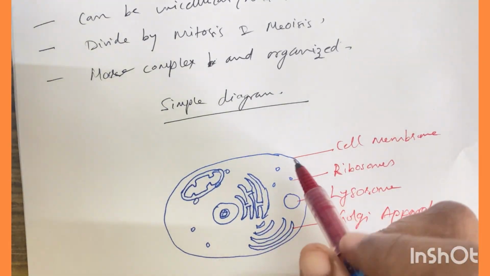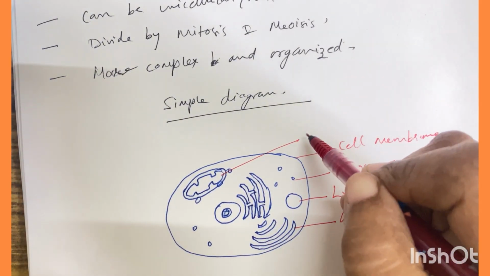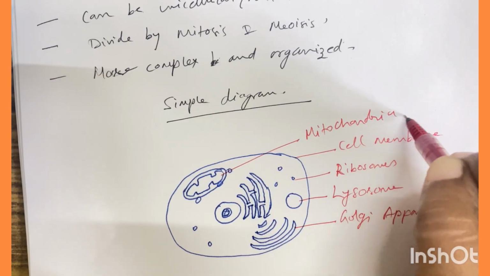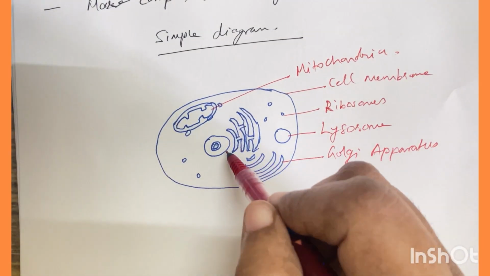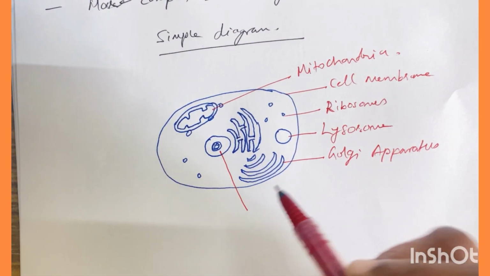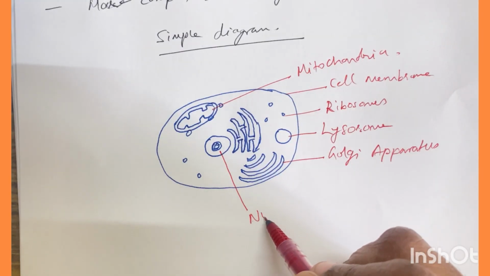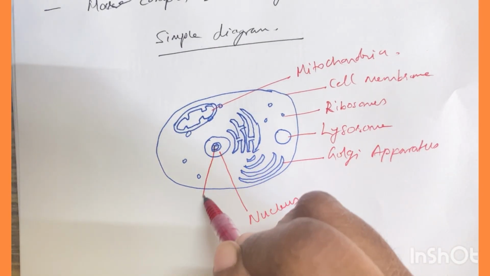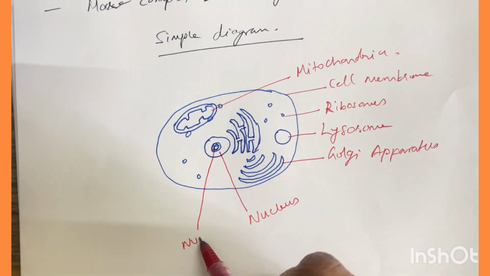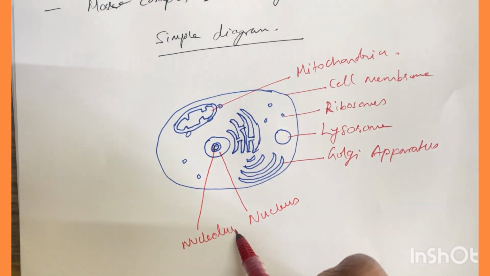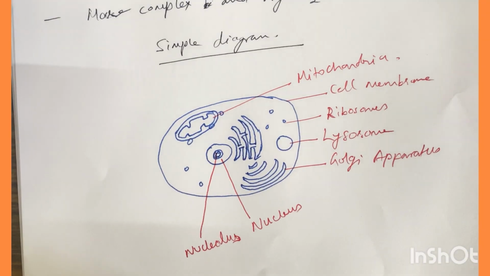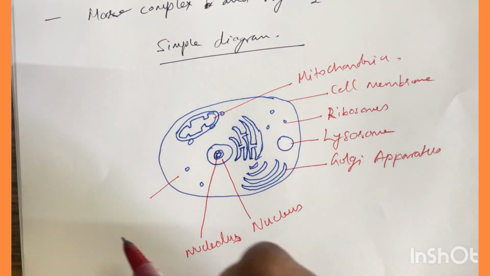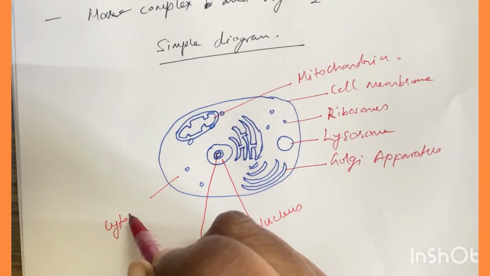Okay. And this is your mitochondria. Right. This is your nucleus. And this is your nucleolus. Okay. Apart from that, you have a liquid fluid portion in a cell called cytoplasm.